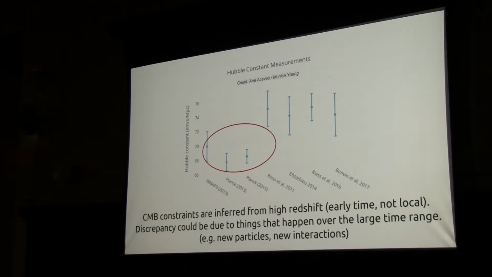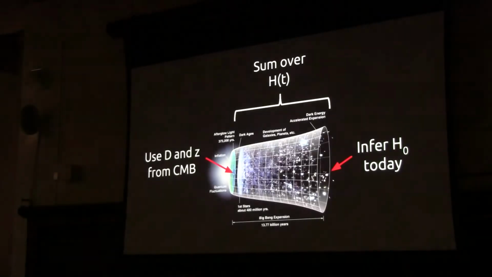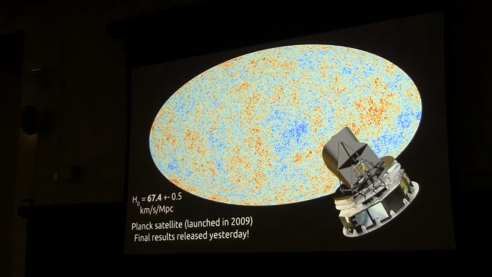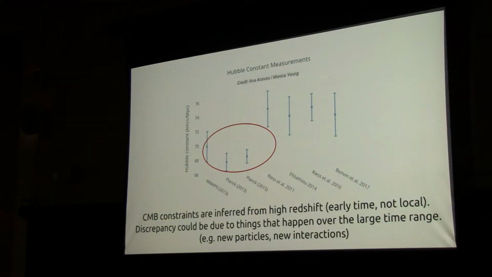And as was mentioned earlier, because you're measuring something at extremely high redshift, you're inferring what the expansion rate today is from measurements that were made extremely early in time. They're not local. And so for the things that happen in between during this entire evolution of the universe, maybe there's some new particle that affects the fluctuation that we haven't accounted for. These are the kind of things that could account for the reason why these measurements are discrepant.